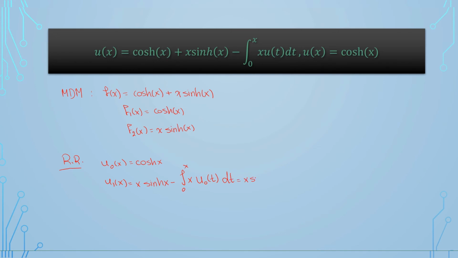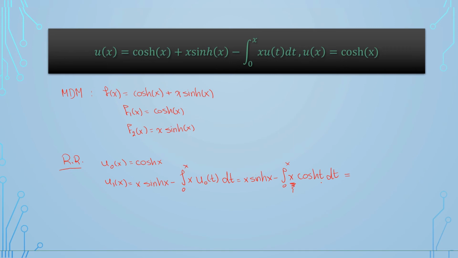That will give us x sine x minus the integration from 0 to x of x cosine t dt. This x is considered to be constant.